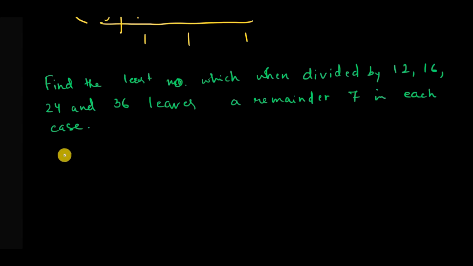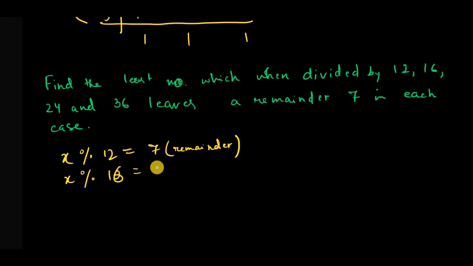So what it is saying is there is a number x which, when divided by 12, leaves a remainder 7. And this same number x when divided by 16 also leaves remainder 7.